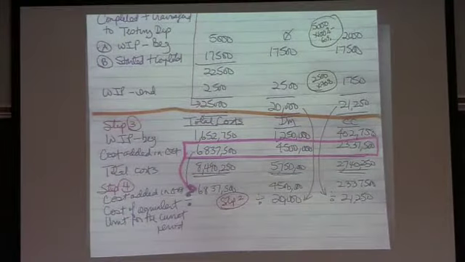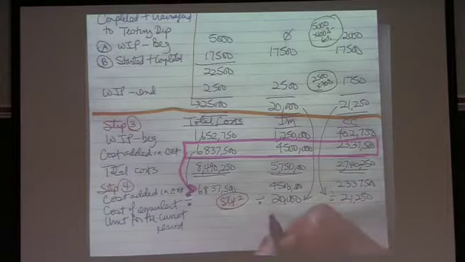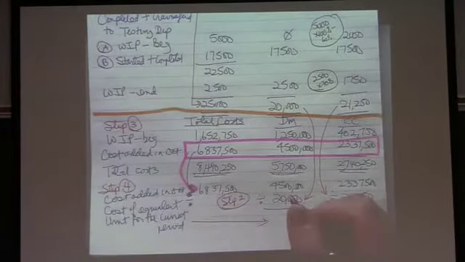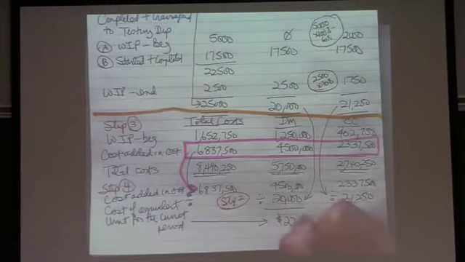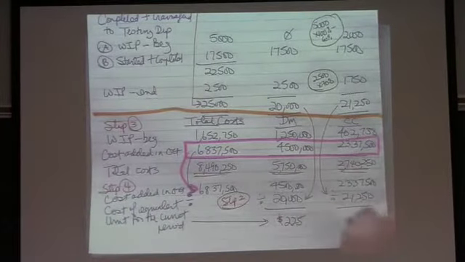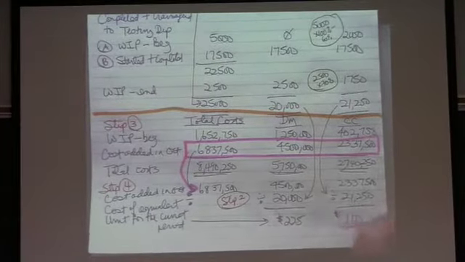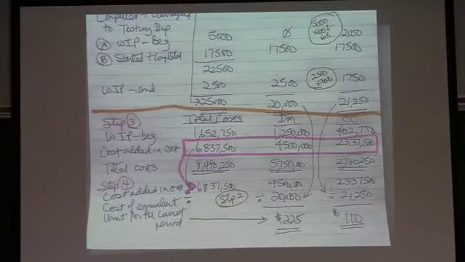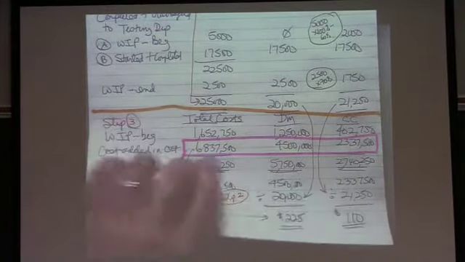To give me the cost per equivalent unit of 225 for direct material and 110 for conversion. So this is the cost of equivalent units of the goods that were actually incurred this period. Now I'm ready to do step 5. So you can see that the FIFO was a bit more involved.